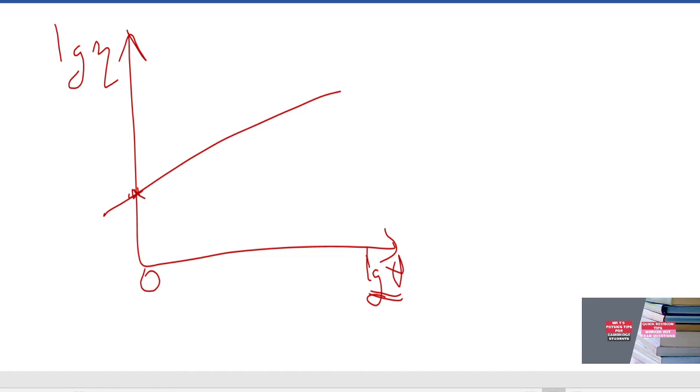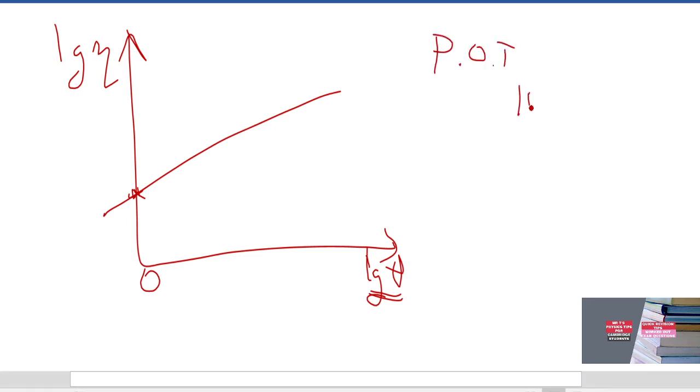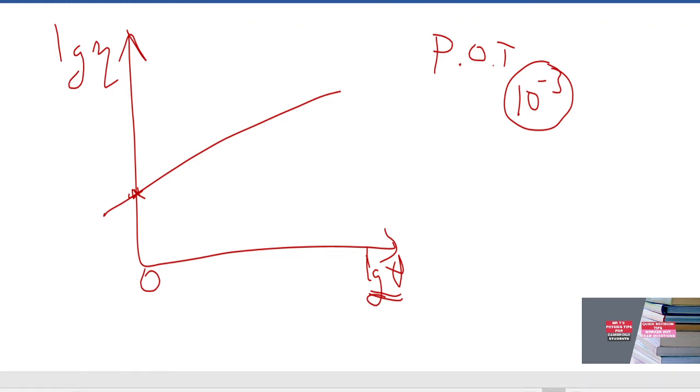That's when someone forgets that everything is being multiplied by 10 to the power of minus 3, so in the calculations you then get everything wrong. Please make sure that you master that.